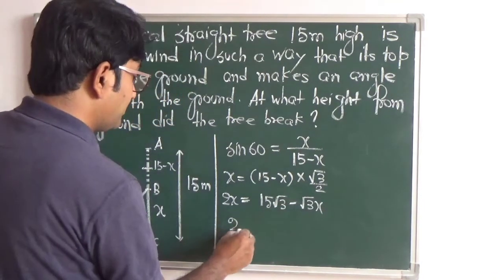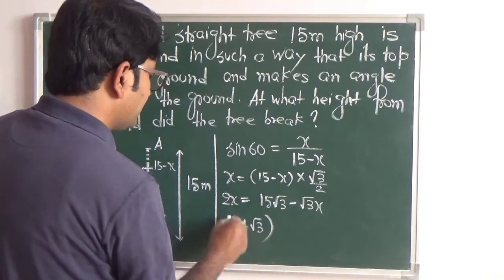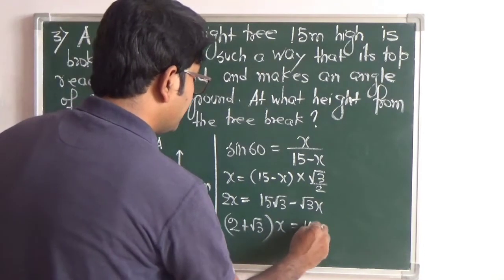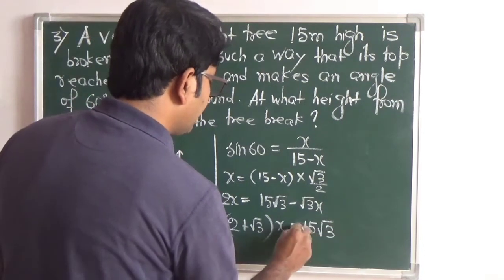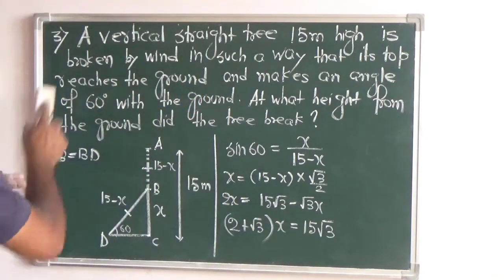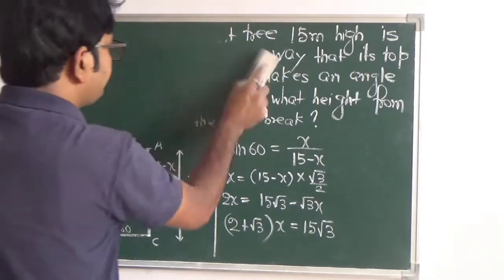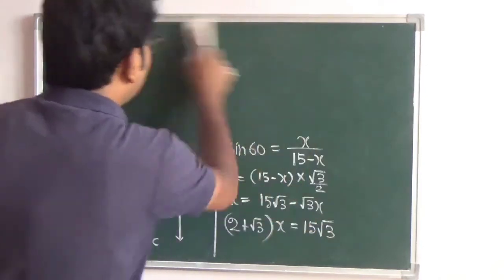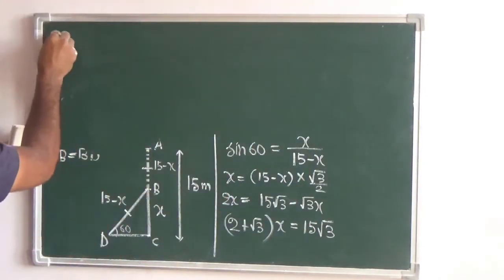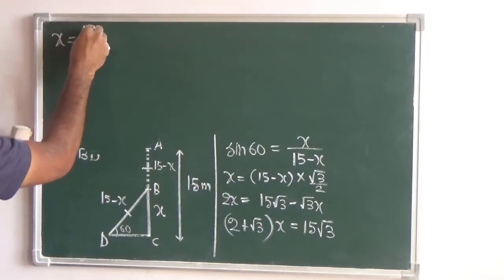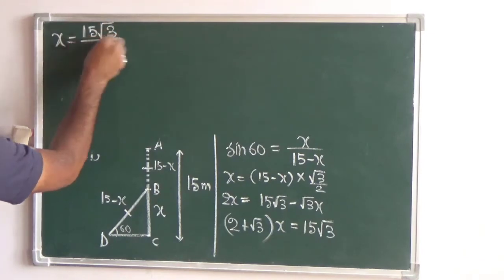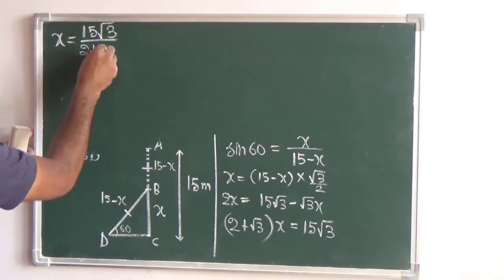So we have (2 plus root 3) into x equals 15 root 3. So we can write x equals 15 root 3 by 2 plus root 3.